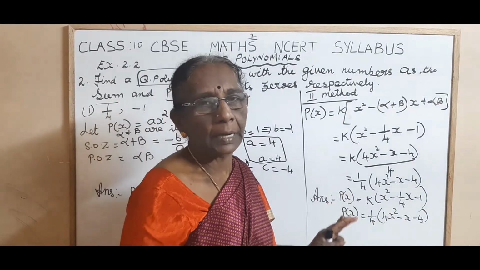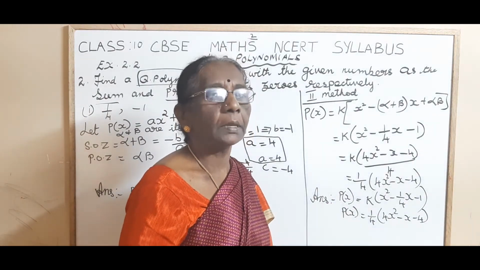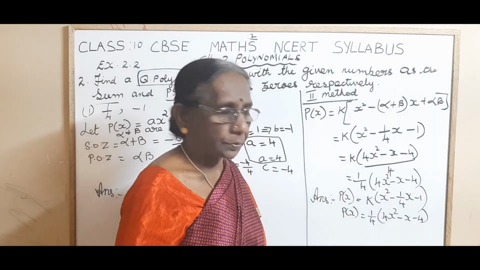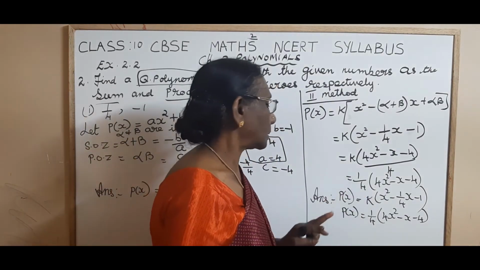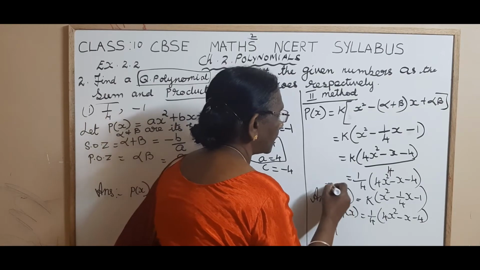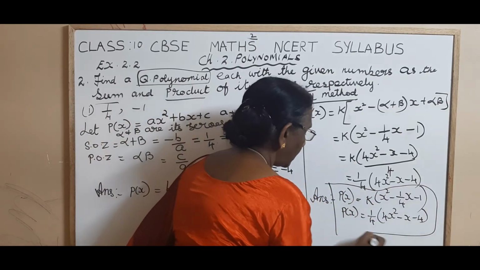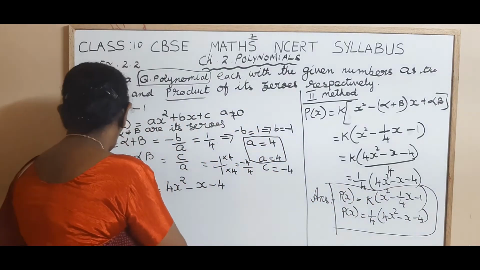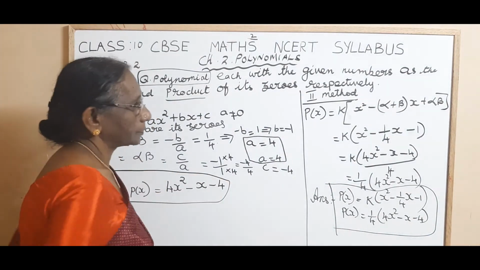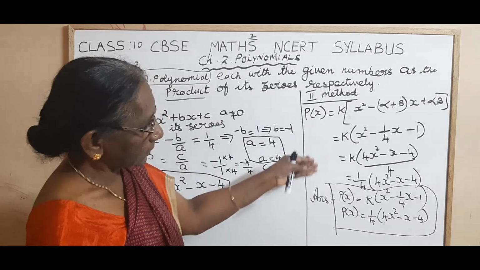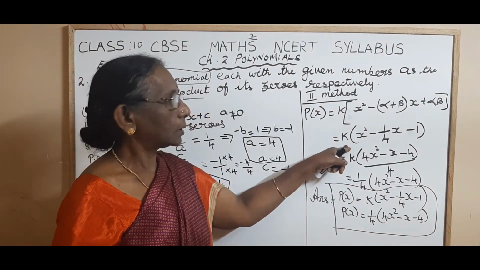This 1 by 4 will not affect the polynomial in any way. Have you understood? So this is also correct, this is also correct, this is also correct. So these three answers are correct. They will be given full marks. Okay. So whichever is easier for you, you select. Have you understood? If you follow this method, you can stop with this. You will be given marks.